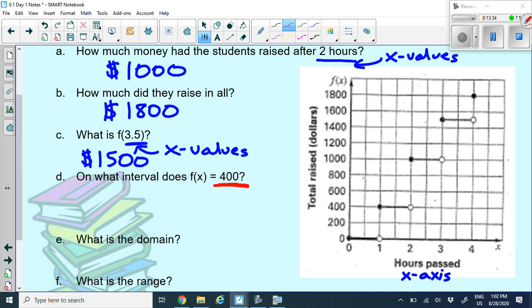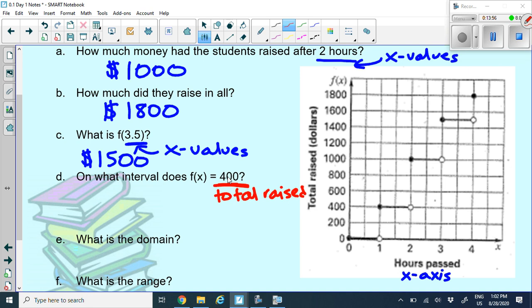That is our f of x value, okay? Or if you want to go back to the idea of x and y, it's our y value, okay? So you got your x and you got your y value. Total raised is your y value. Meaning we need to figure out the x values for which 400 is the answer, okay?